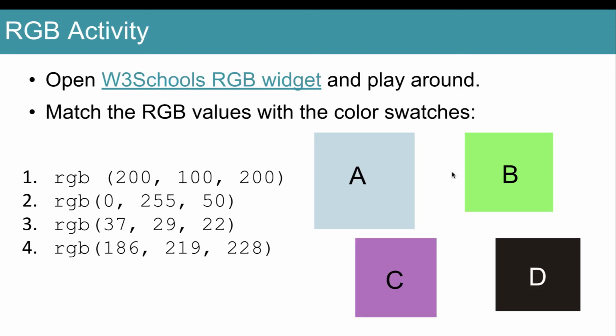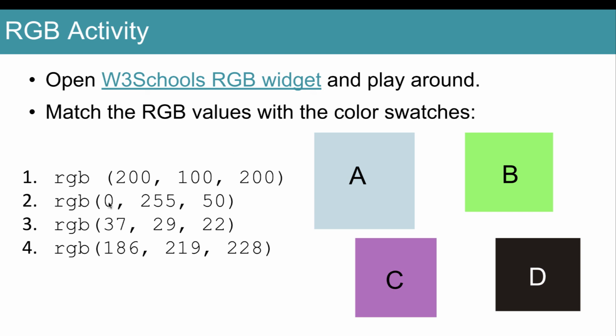So there's a little widget you can open and play around with. And predict, this is an important skill in computer science, predicting before you actually have the computer do the work for you to find the answer. So I want you to look at these RGB values and predict which one would match up to A, B, C, and D. And so which one do you think has equal amounts of red and blue and then a little bit of green?